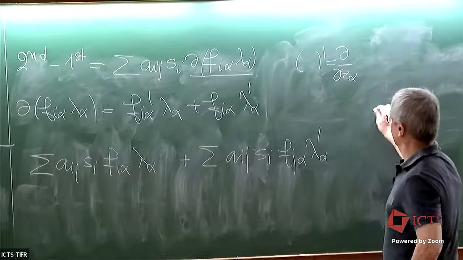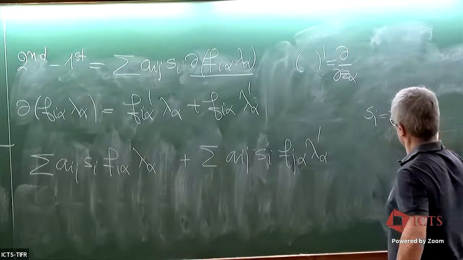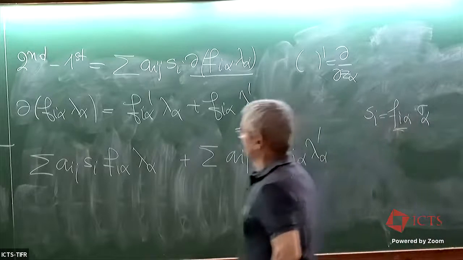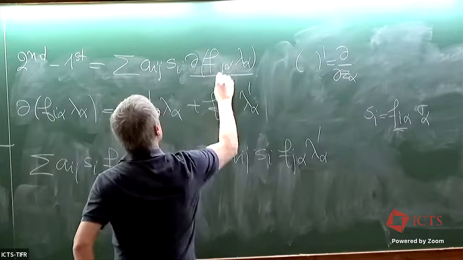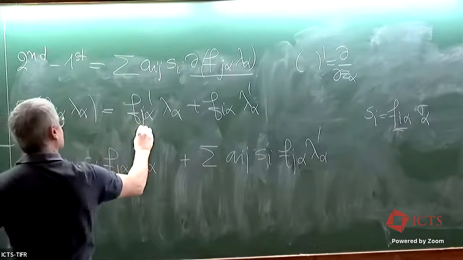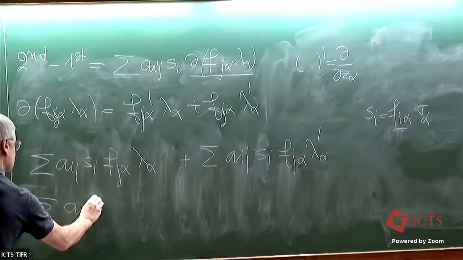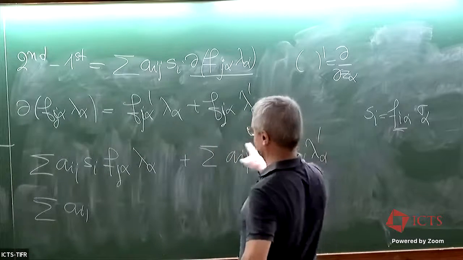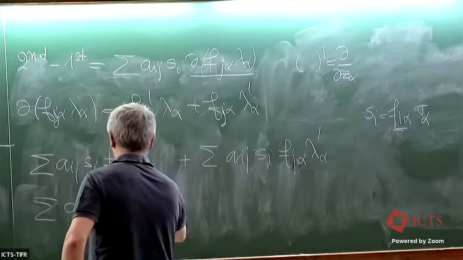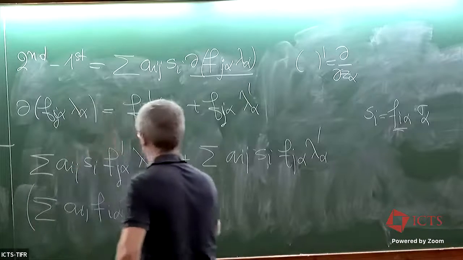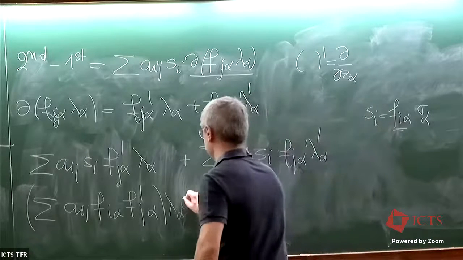and now use that SI is represented locally by this function. So this was a J, sorry. This is also a J because here also was a J. And then what we get is Fi, Fj prime alpha, and everything is multiplied by this, and sigma alpha.